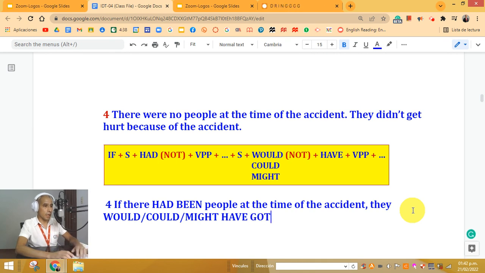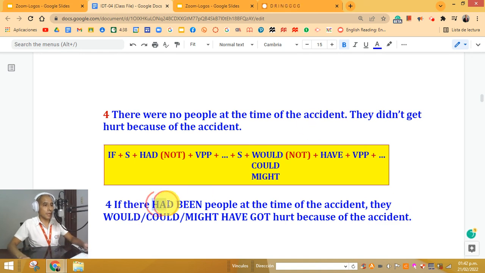So I say got hurt because of the accident. Okay, very good. Now I'm going to highlight the key words that correspond to the if clause. In this case, the words are had been, and the key words that correspond to the result clause, in this case, are would, could, might have, got. Okay, there you have my answer for number 4.